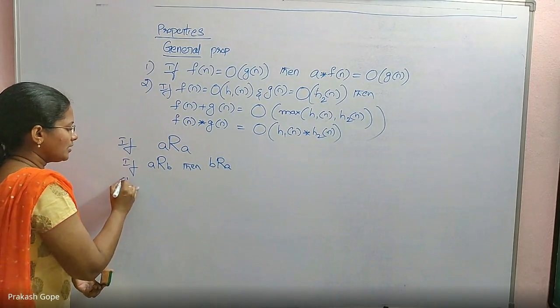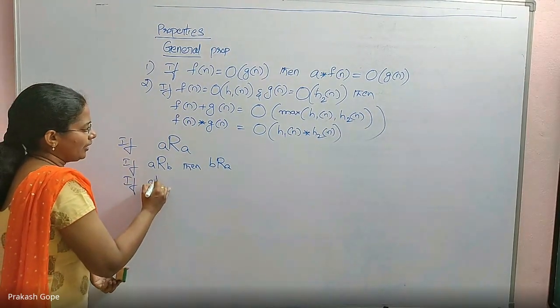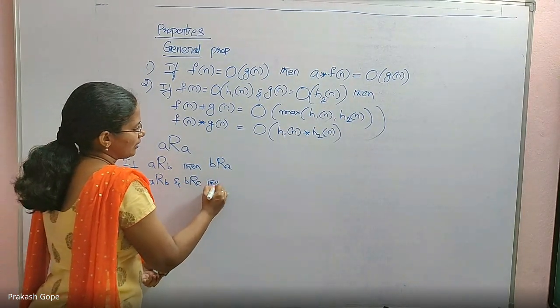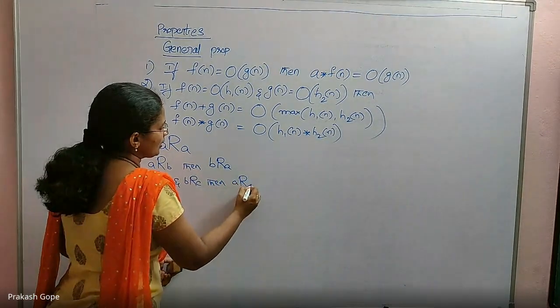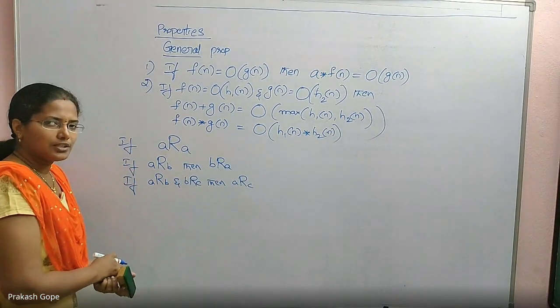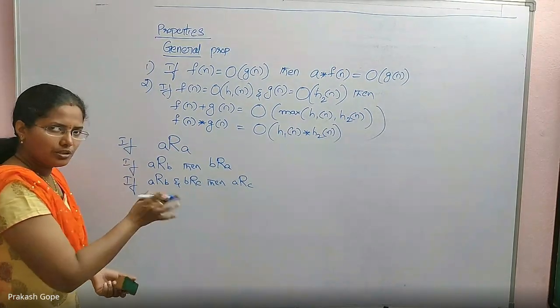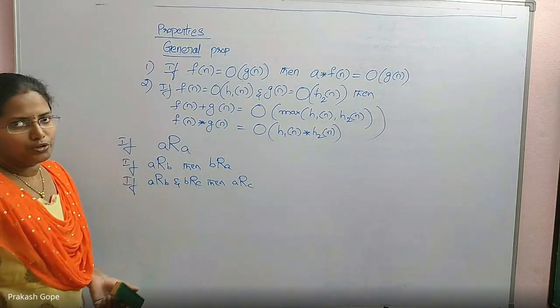Transitive. If A is related to B and B is related to C, then if A is also related to C, we say R is transitive. Otherwise R is not transitive. If you know these properties, now the same thing I am going to apply.